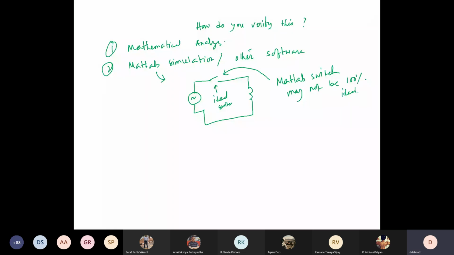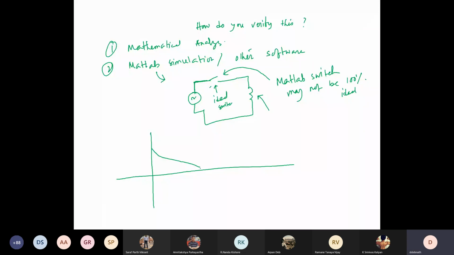Just try to remember, there will be even a small resistance coming in, because your inductor is not ideal. Some small parasitic resistance will come in here. The switch is not ideal, some resistance will come here. The source is not ideal. The wires connecting these are not ideal. So some resistance and inductance will come into the picture. As soon as you have some resistance, okay, this offset, you understood this offset may look something like this, right?